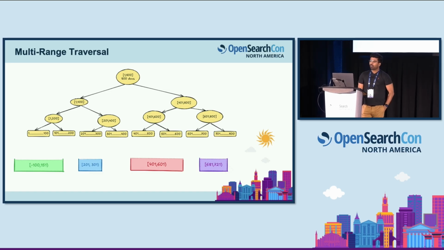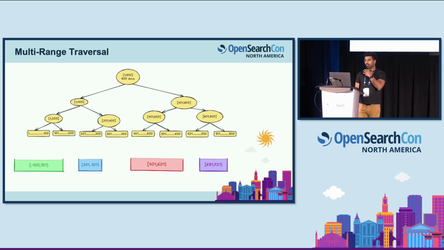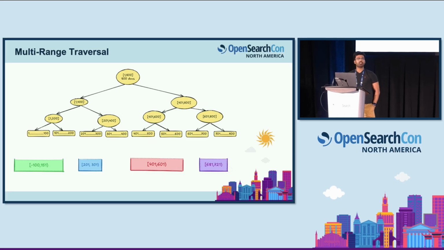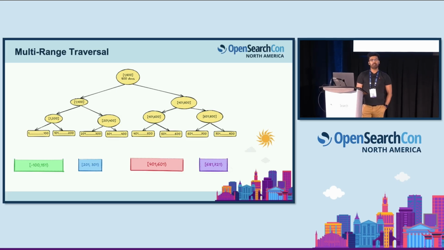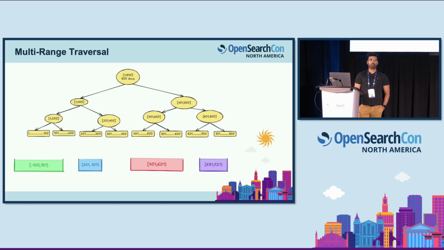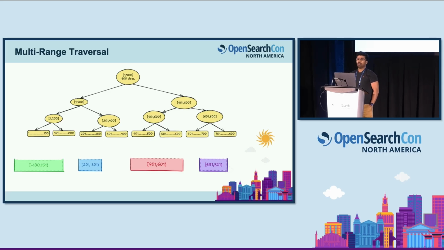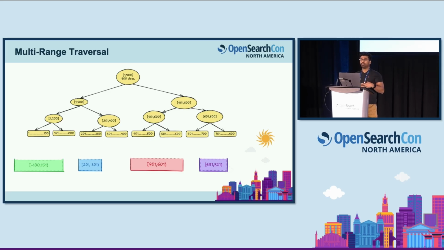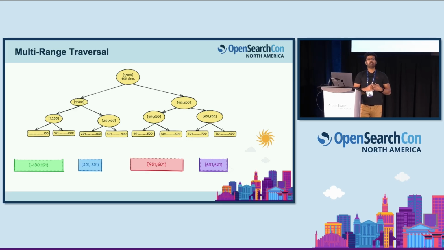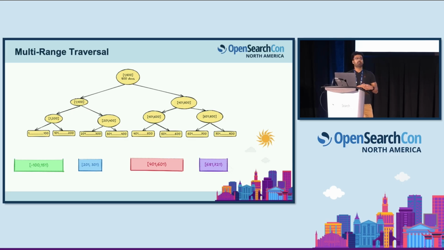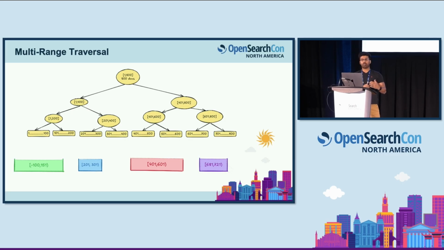To solve these issues with the filter rewrite approach, we came up with something completely new called multi-range traversal. In this multi-range traversal, instead of collecting the number of documents for each bucket individually, we do a single traversal of this BKD and collect the documents for all the buckets in one go.